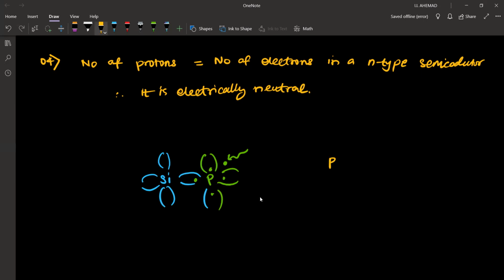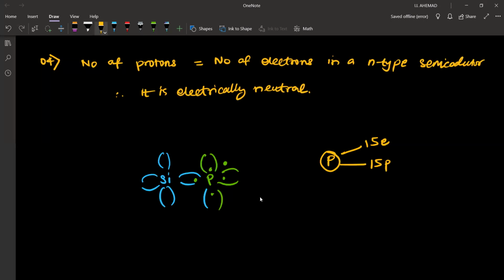Now, phosphorus is the 15th element, right? Then this will have 15 protons and 15 electrons. So when I add this into this lattice, it will bring those 15 protons and 15 electrons together.